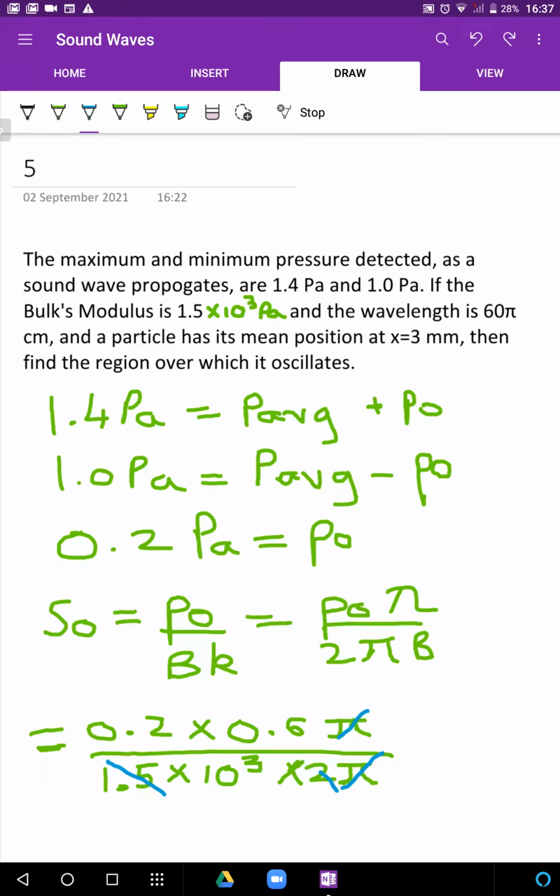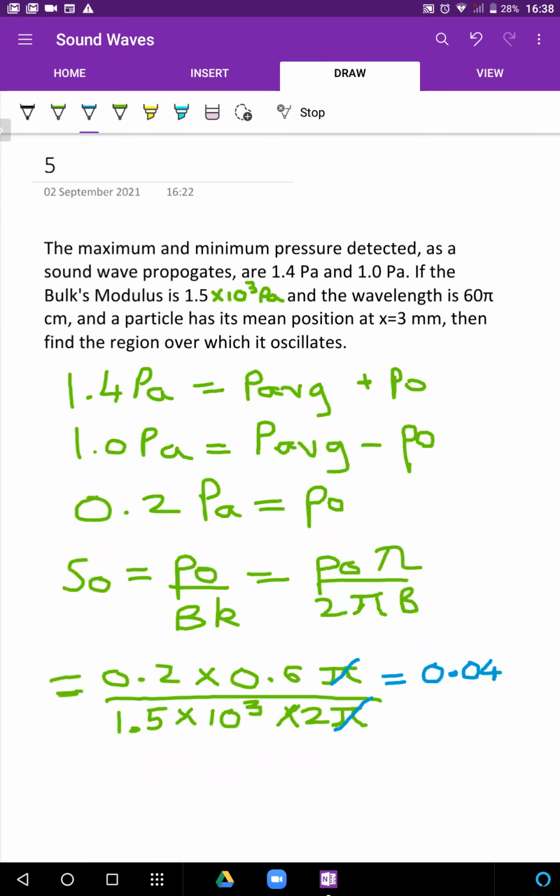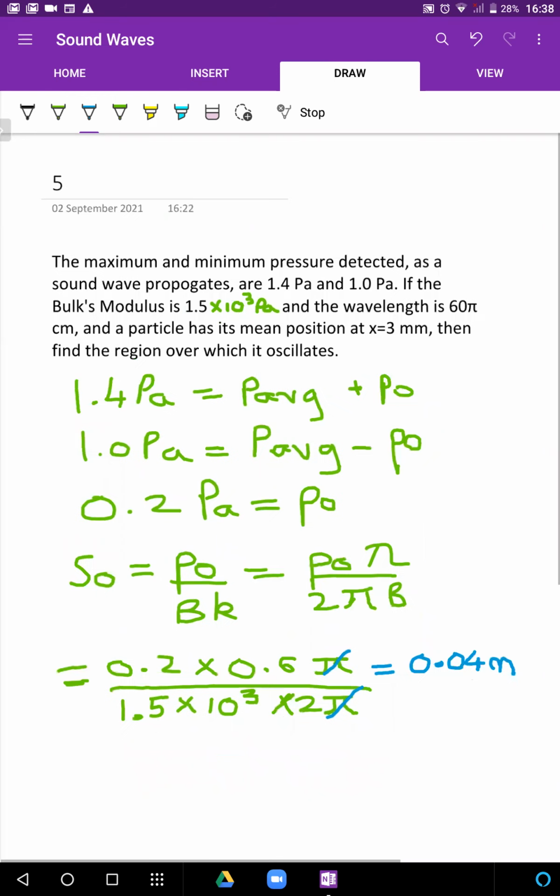And of course, you can do that calculation, because of which this will come to 0.04 into 10 to the power minus 3. And 10 to the power minus 3 we can write as millimeters. 0.04 millimeters.